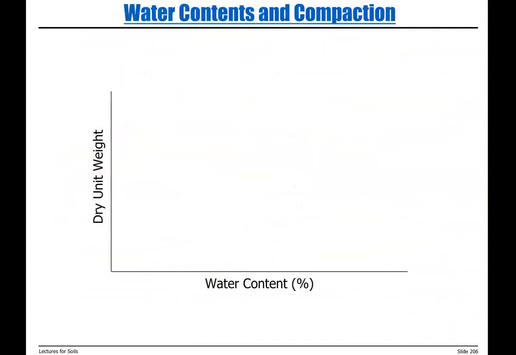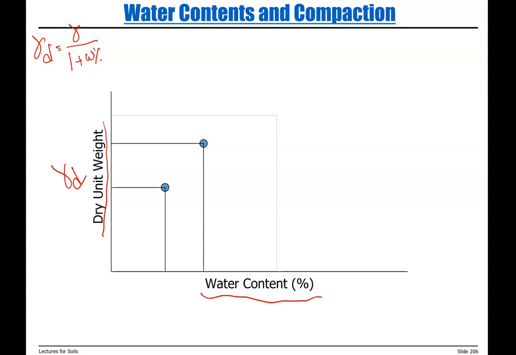So this is what we are trying to make. Our y-axis is dry unit weight, and you can calculate dry unit weight by dividing moist unit weight by 1 plus water content. And our x-axis is water content.